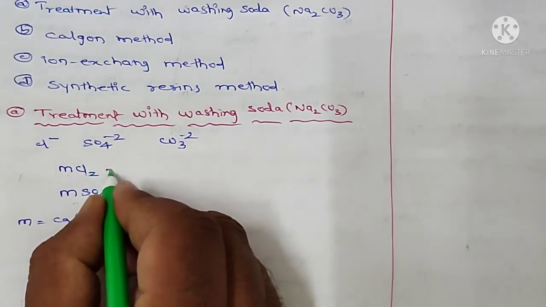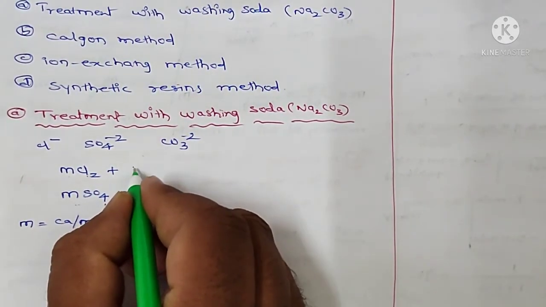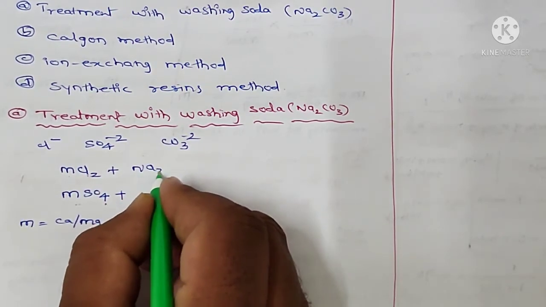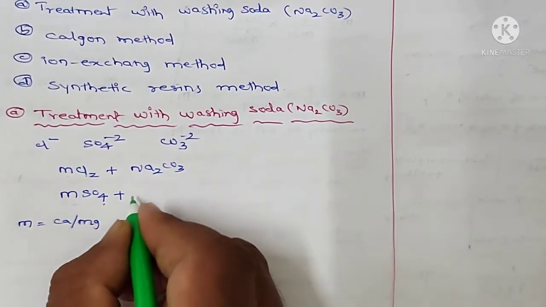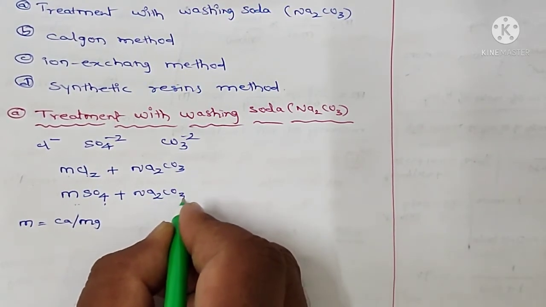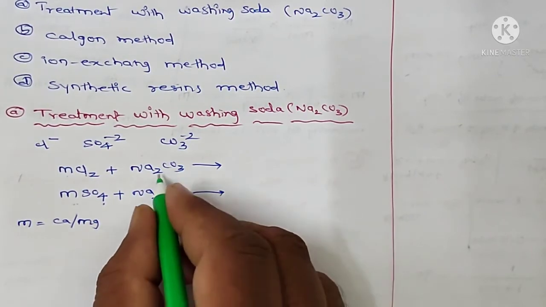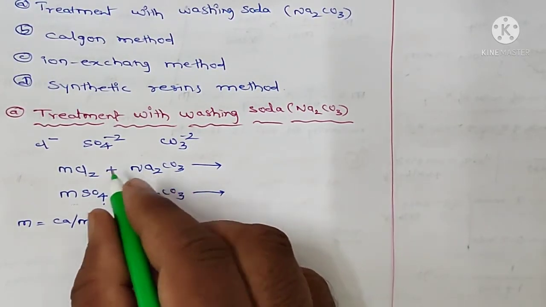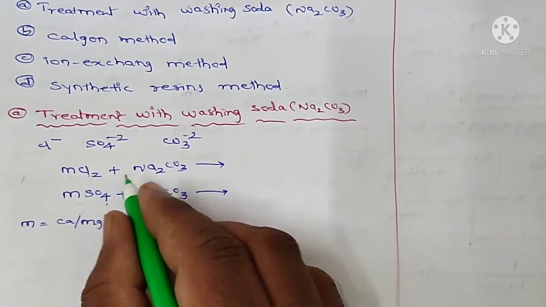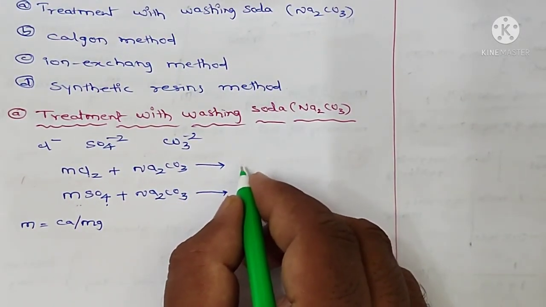So this hard water reacts with washing soda, Na2CO3. Now when this washing soda reacts with the hard water, it will give carbonates.